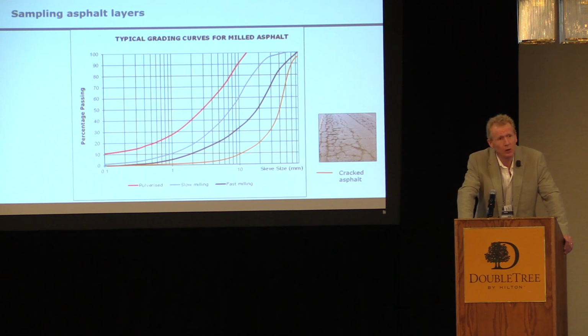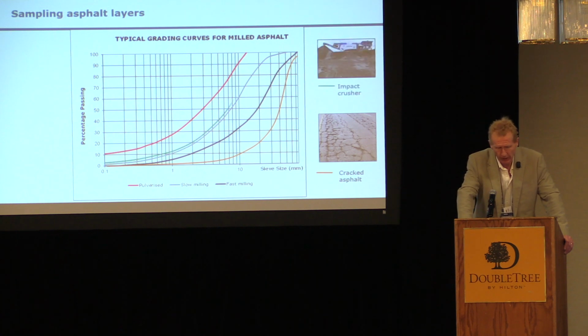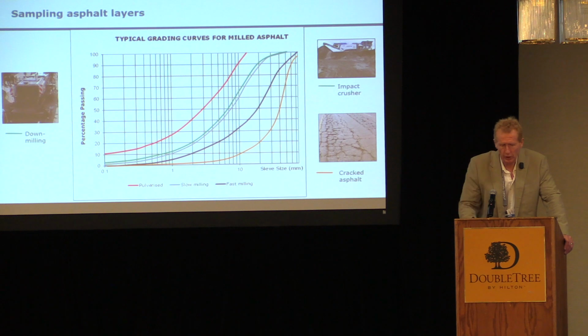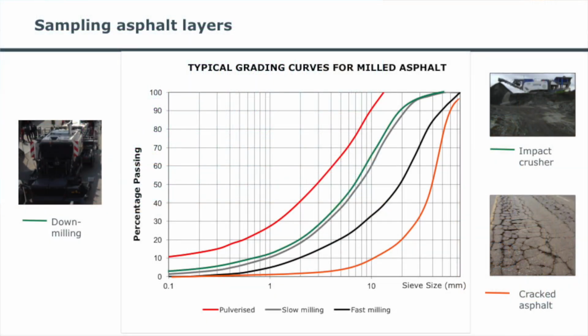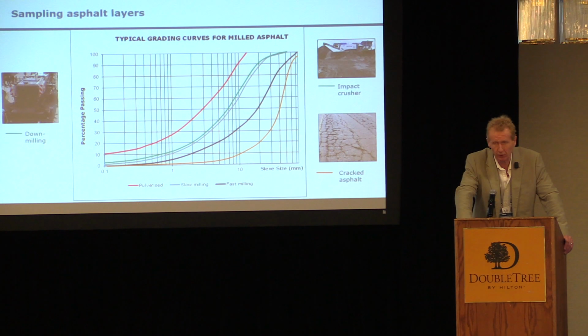One can get blocks coming out, and this obviously influences the grading, as you can see there on the grading curve. If one uses impact crushing or the right speed of milling, not grinding, one will get close to your representative sample, as you can see by the green line.